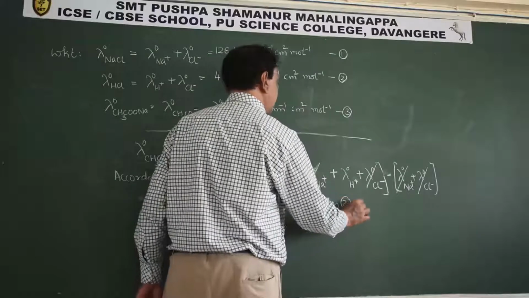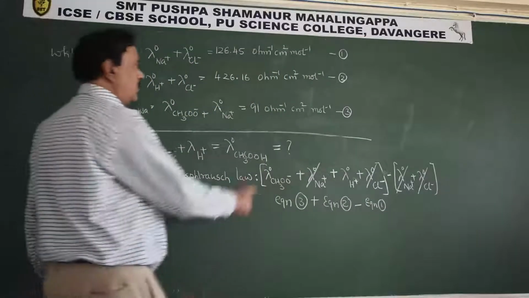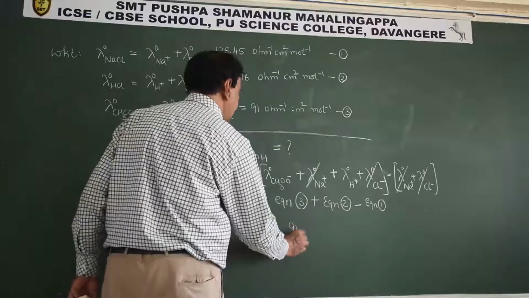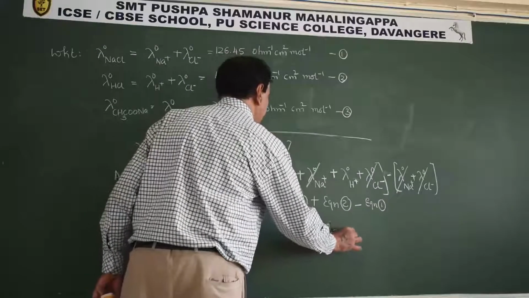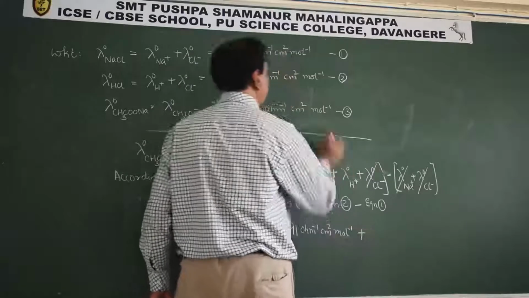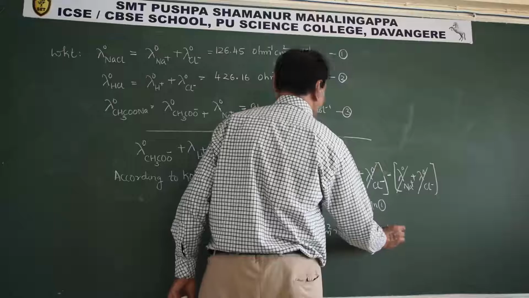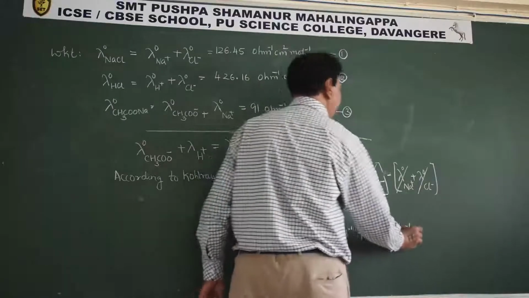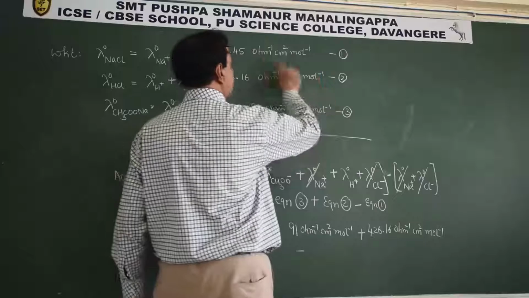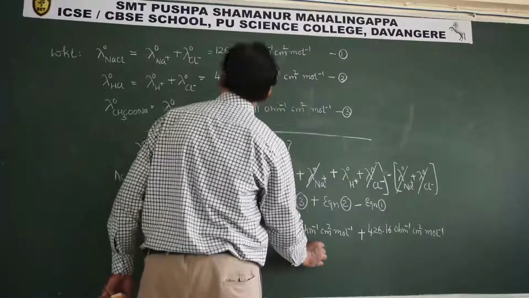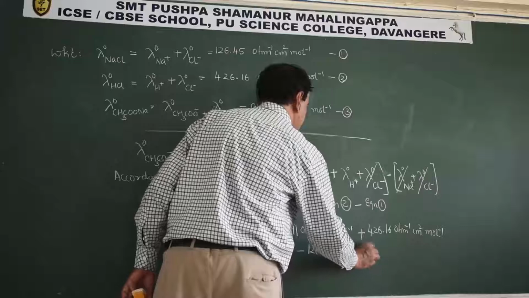The equation number 3 value is 91 per ohm square centimeter per mole, plus the equation number 2 value, 426.16 per ohm square centimeter per mole, minus the equation number 1 value, 126.45 per ohm square centimeter per mole.